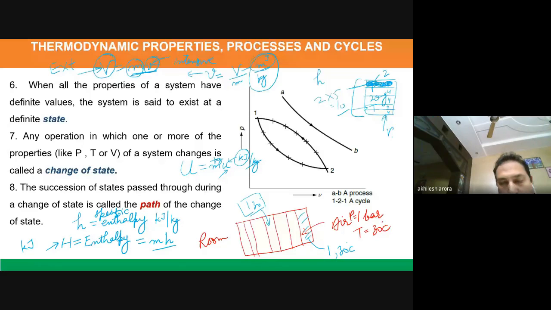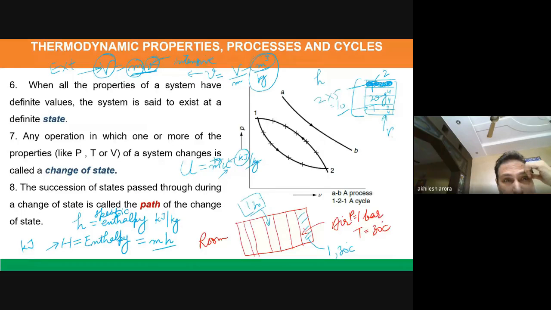So U, the internal energy, is an extensive property, whereas small u is an intensive property, or you can also call small u a specific extensive property, or specific internal energy. Is it clear?